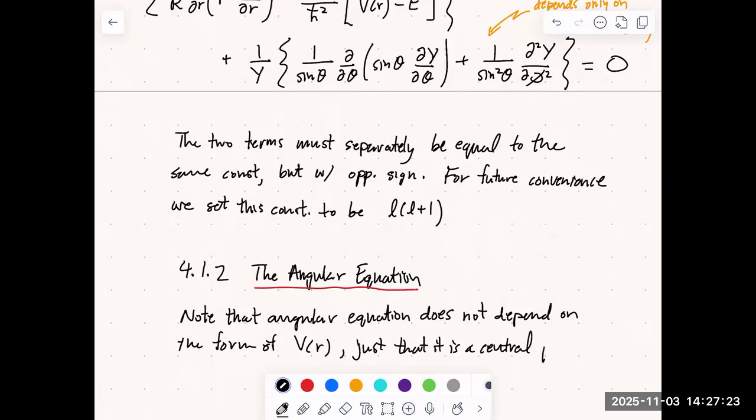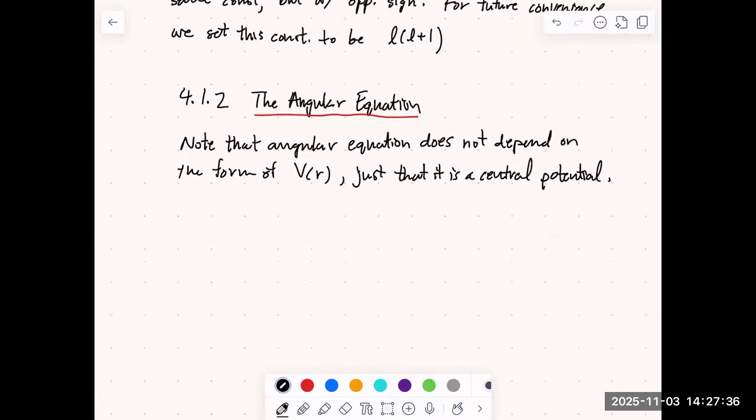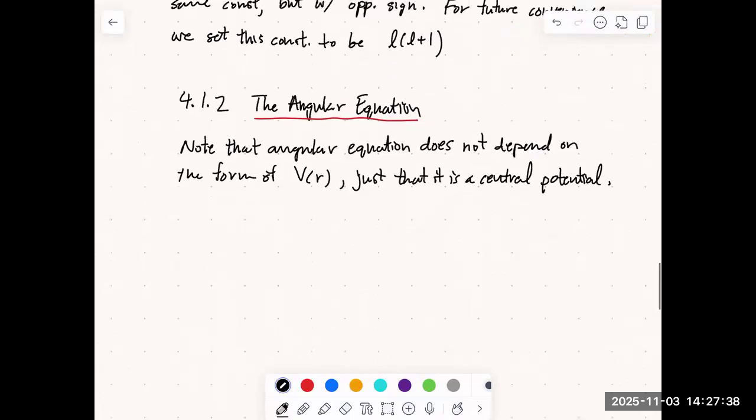So this part of the derivation is valid for any central potential, not just the Coulomb potential that we'll use for the hydrogen atom.